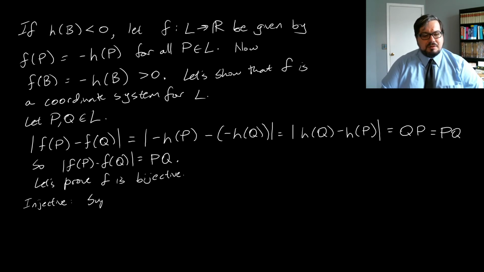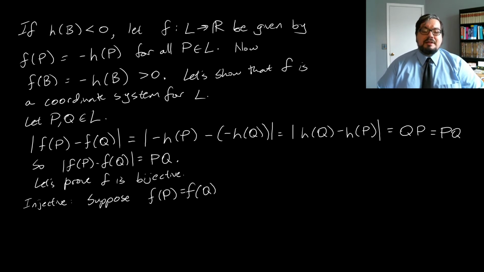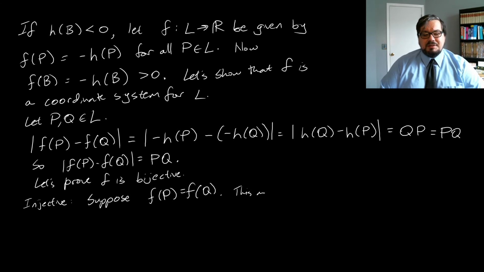Let's suppose that f of P equals f of Q. To prove f is injective, we need to show that this implies that P is equal to Q. That if two inputs have the same output, then the inputs had to be the same to begin with. So suppose f of p equals f of q. This means that negative h of p equals negative h of q.